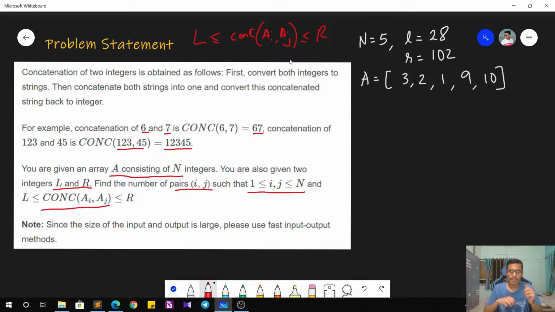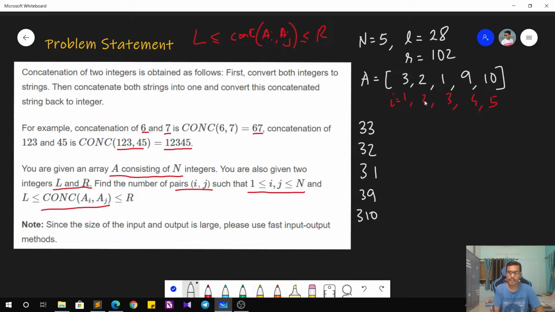To see a sample example, we have 5 elements with us, and L is given as 28 and R is given as 102. Let's take it as one-indexing based, so this is index 1, 2, 3, 4 and 5. Starting with index 1, we get the numbers 33 when it is concatenated with itself, then 32, 31, 39 and 3110.